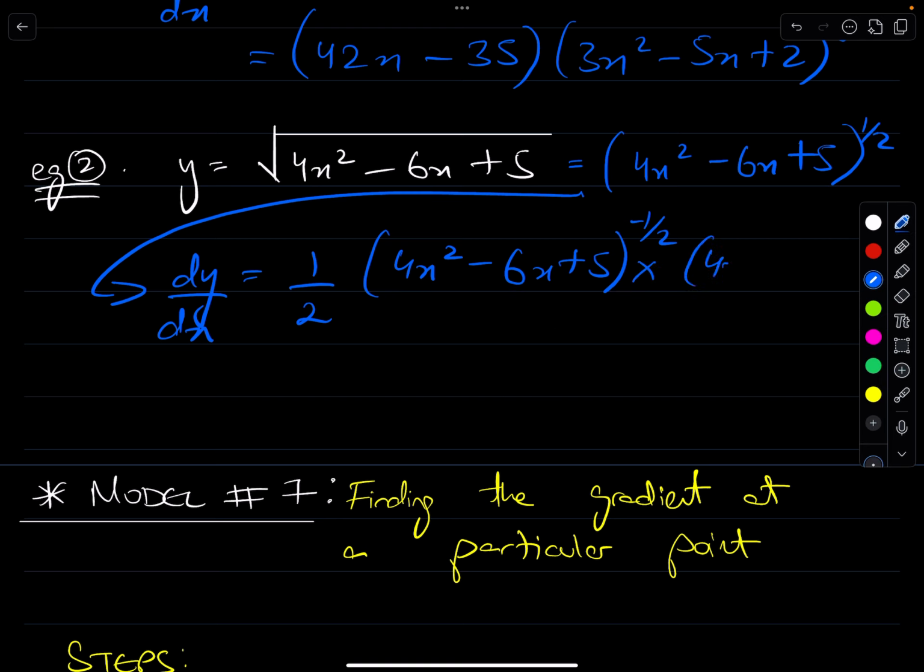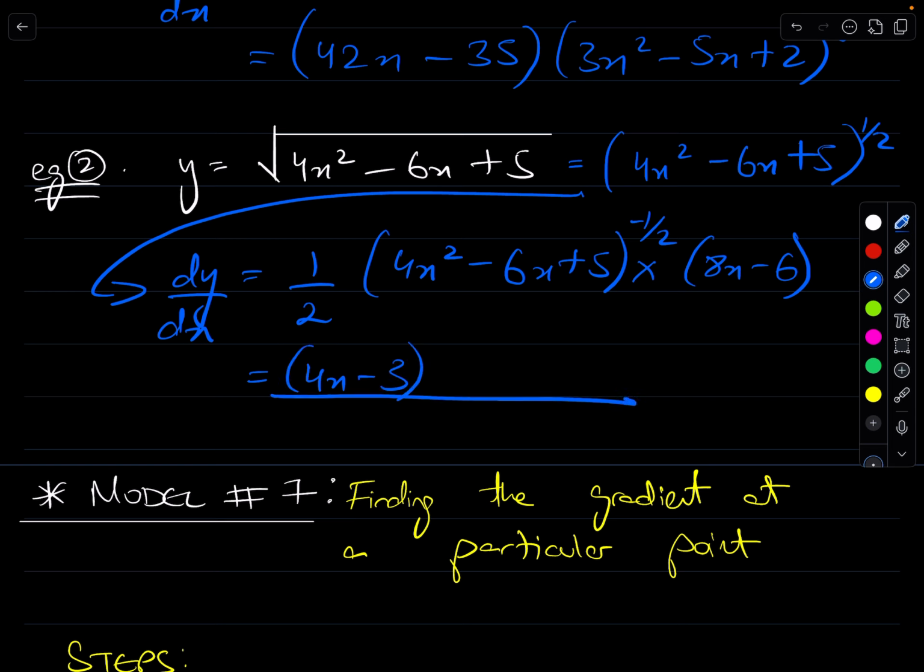That is, in this case 4x square has the differential of 8x, and minus 6x has the differential of minus 6. And multiplying half with this bracket to simplify this, we have 4x minus 3.